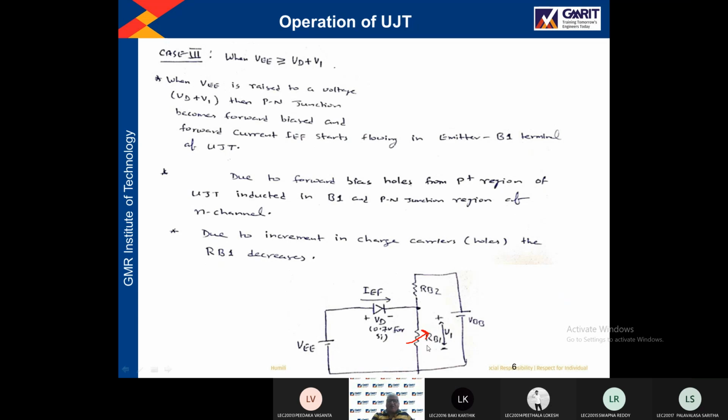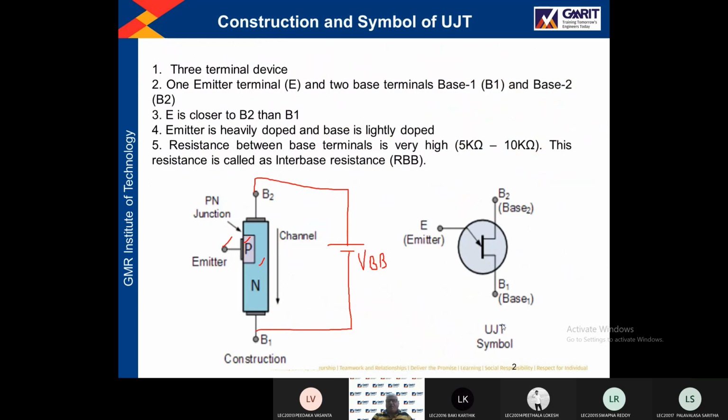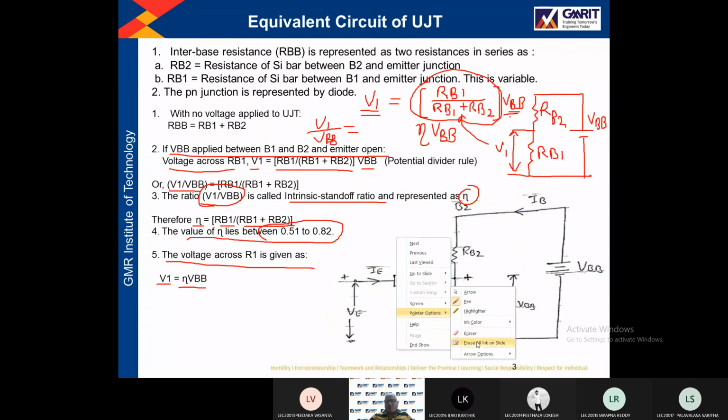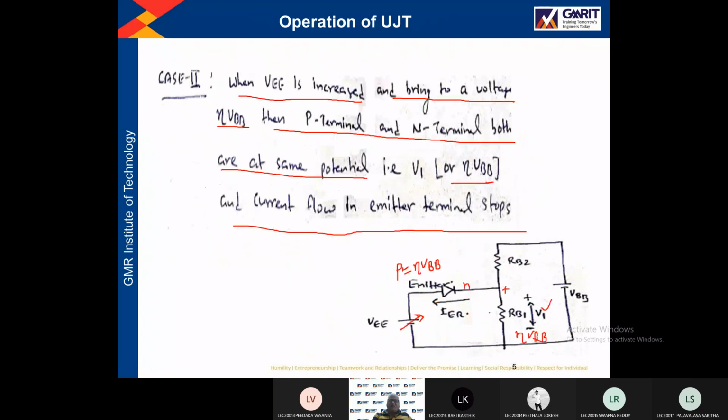That's why in this diagram, RB1 is shown as a variable resistance, where RB2 is fixed but RB1 is variable. Why? Because once you start operating the UJT, this resistance automatically starts decreasing. That's why it is a variable resistance.